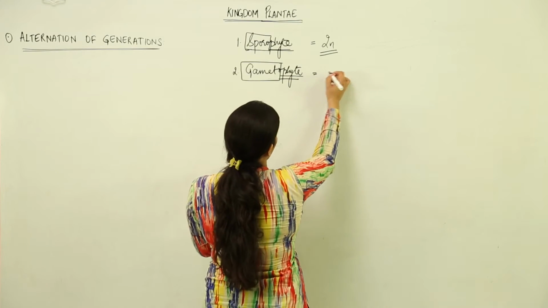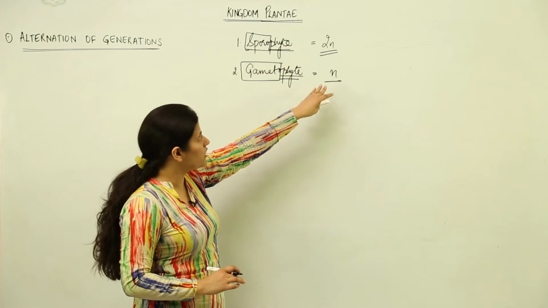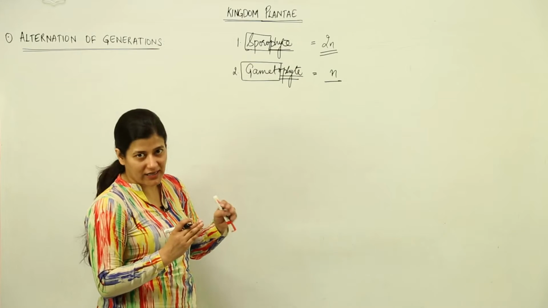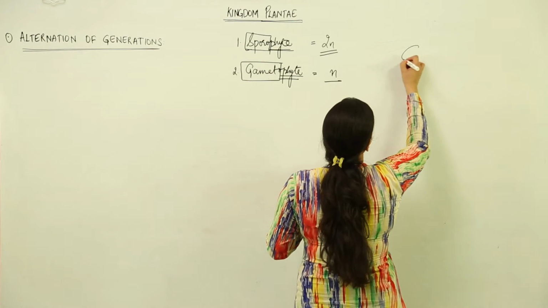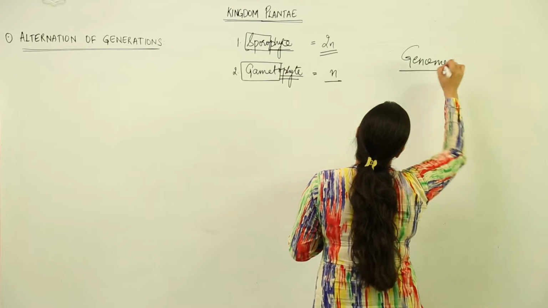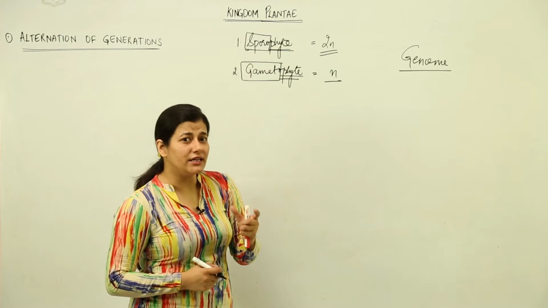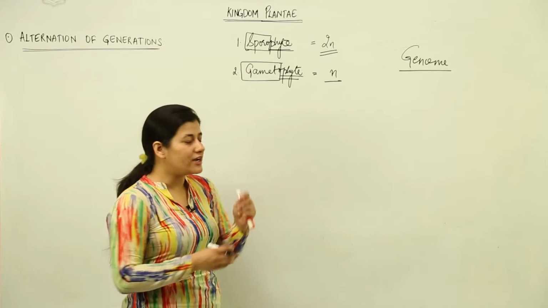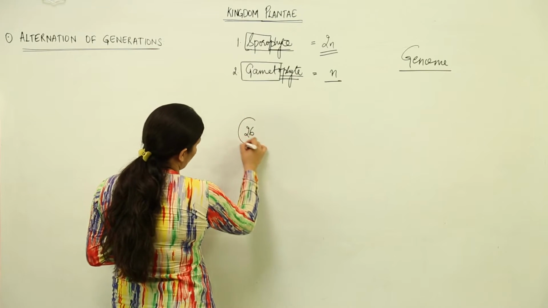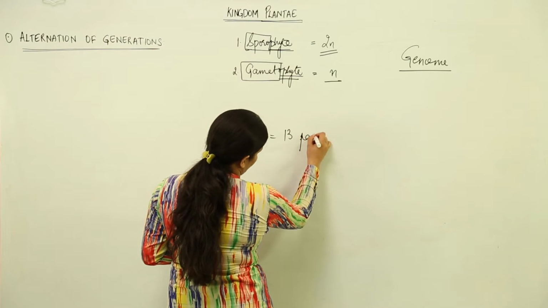then the plant body happens to be haploid, which is represented by n. Now what does this n represent? This n represents the haploid chromosomal content, that is known as the genome. You are going to get introduced to this in great depth when you study genetics, but for now you need to understand that if I am saying the plant body is diploid, supposedly the plant needs 26 chromosomes, that is 13 pairs, for expression of all its characters.